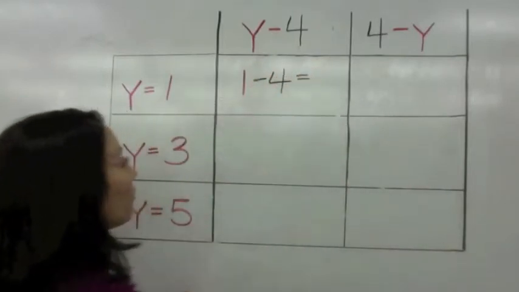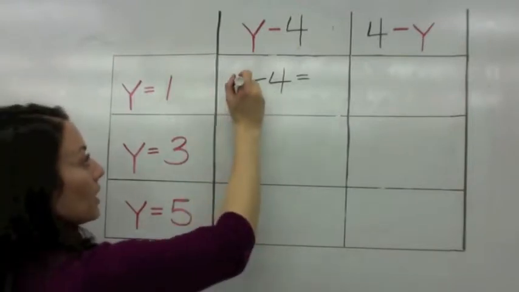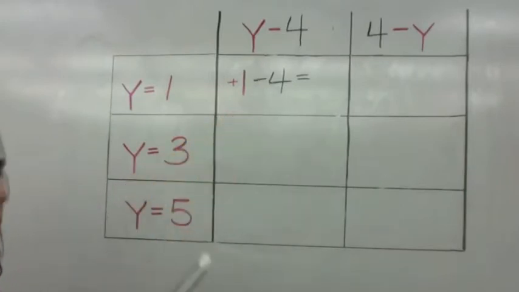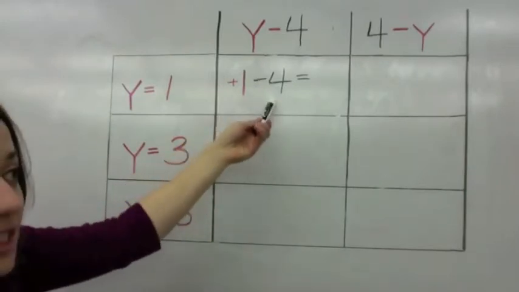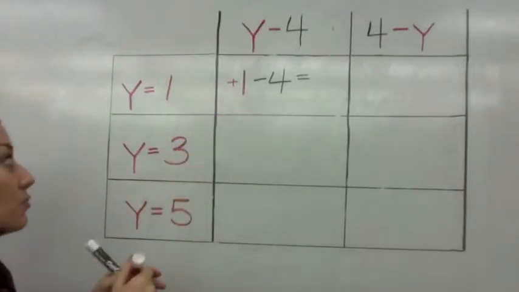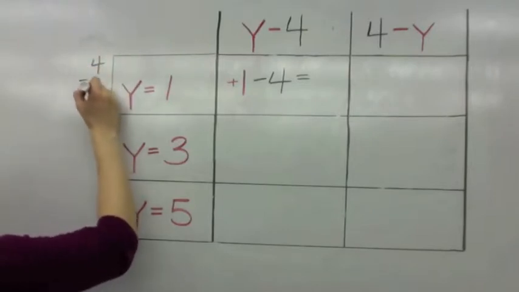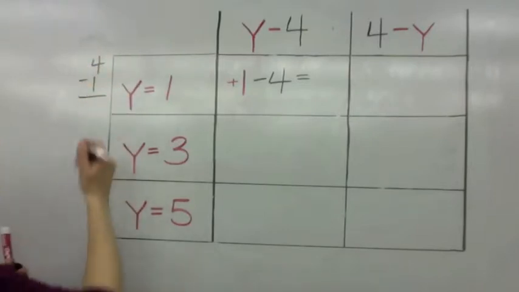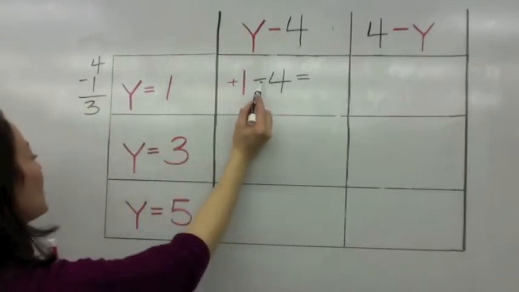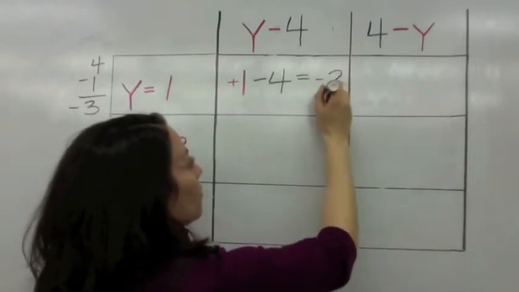From yesterday, when you're subtracting a bigger number, you have a positive 1 and a negative 4. Are they different signs? Yes. So you say different signs, subtract. That would be 4 minus 1, which is 3, but you keep the sign of the bigger number. The bigger number is 4, and there's a negative sign next to it, or a subtraction sign. So the answer is negative 3.